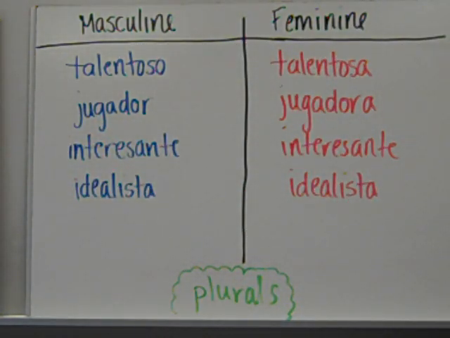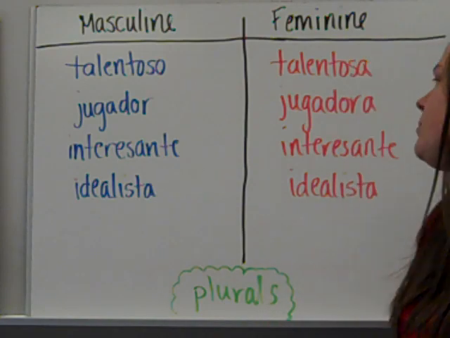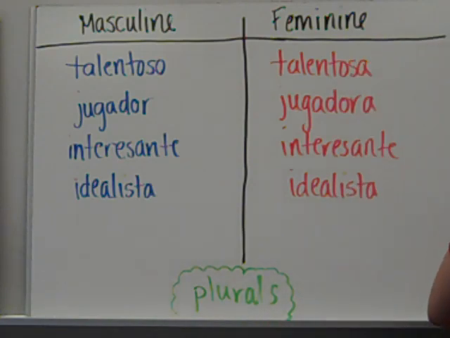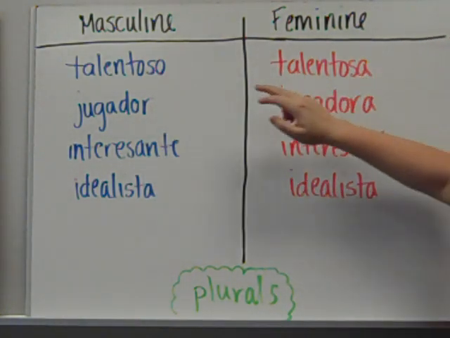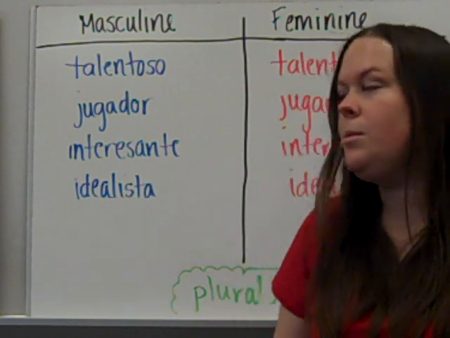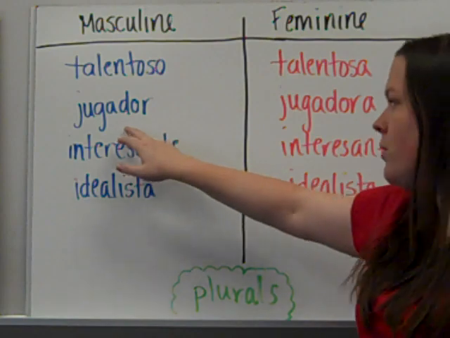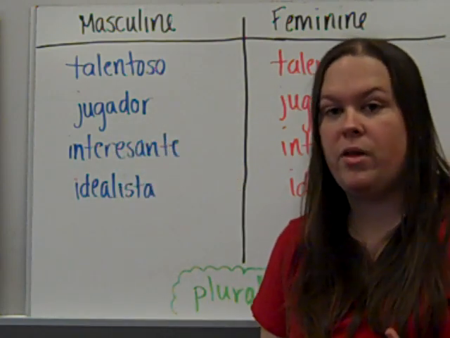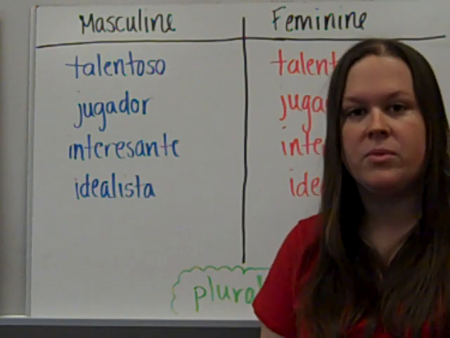Alright, over here is a quick T-chart on ways to tell whether an adjective is masculine or feminine. So, talentoso versus talentosa. Almost all your adjectives will have an O with an A option ending. Jugador and jugadora. So jugador is a player in a sport. So like a soccer player, tennis player, football player, anything like that.